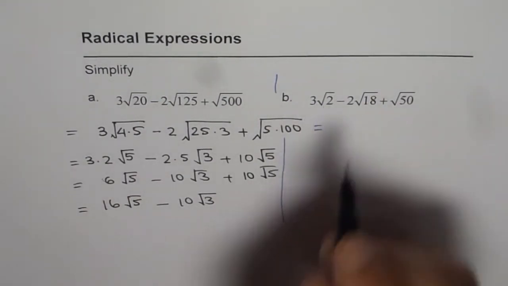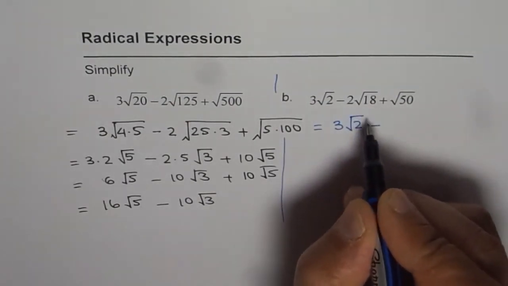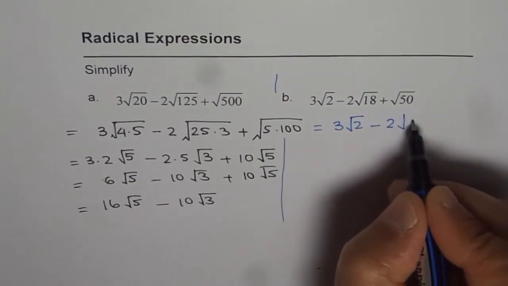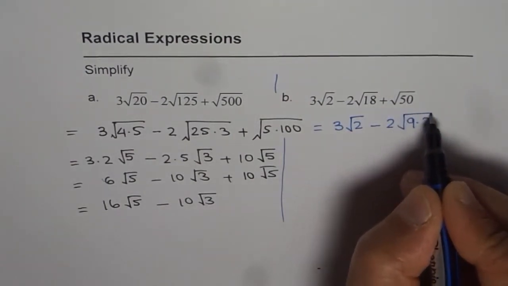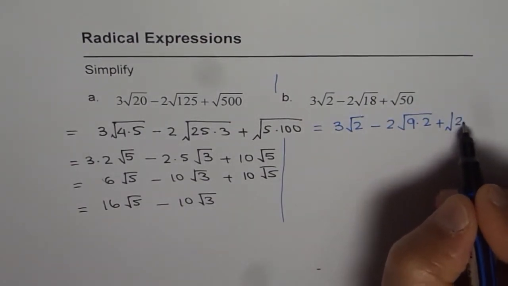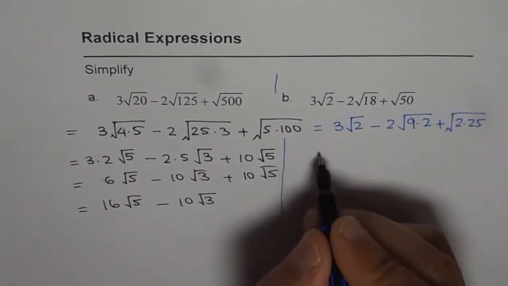Now 3 square root 2 is in simplified form, so we'll just write it as such. 18 can be written as 9 times 2. Let's write this as 9 times 2, that is 18. Plus 50 can be written as 2 times 25, right? 2 times 25 is 50.